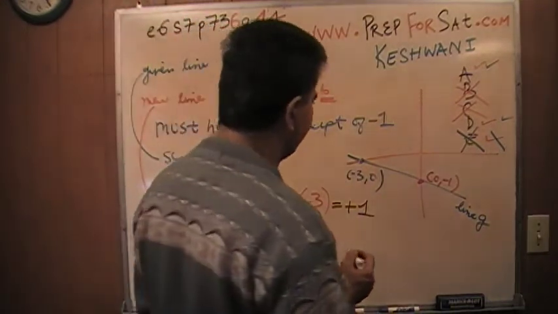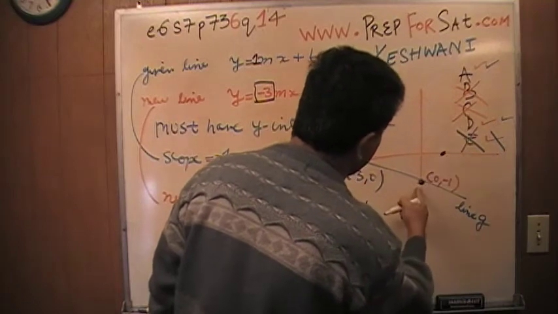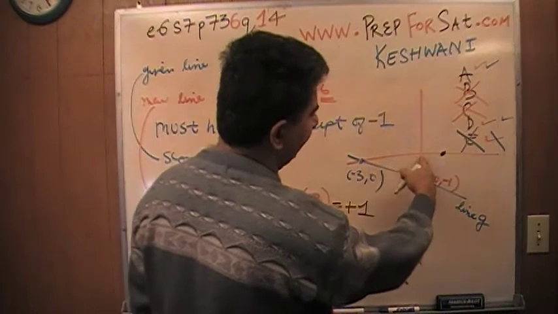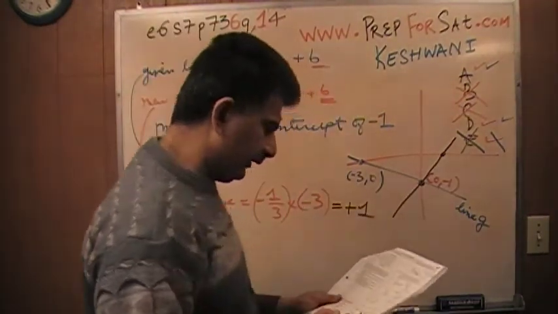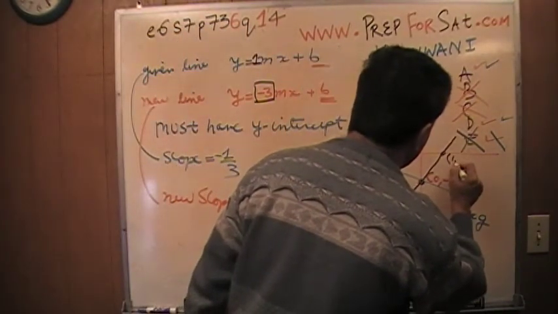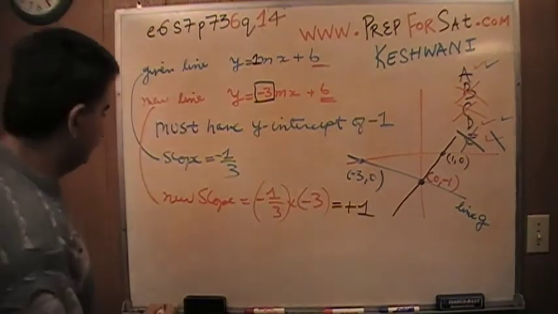When you increase y by 1, x has to go up by 1. It has to go through this line. The answer is D.